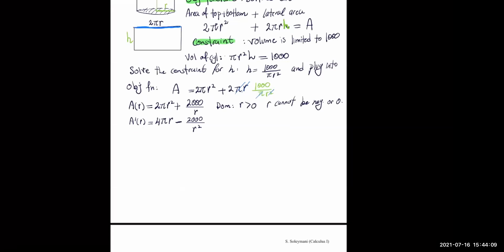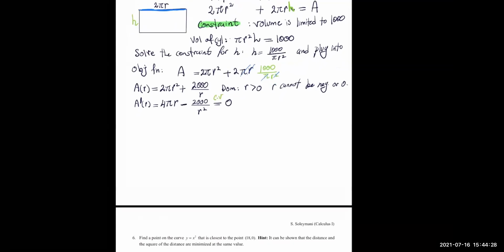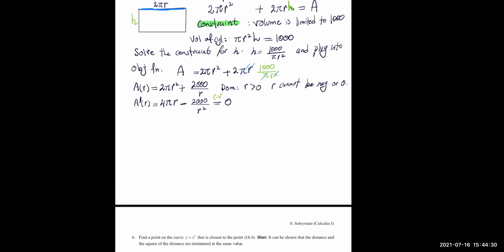All right, so this is the derivative A prime of r. And then we set this equal to 0 to find our critical value. Just solve this equation, it has r squared in the denominator. Multiply everything by r squared to get rid of the fraction.